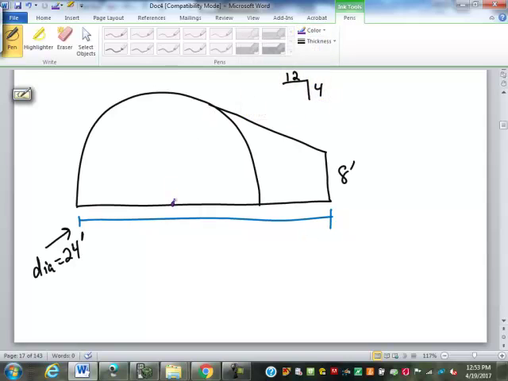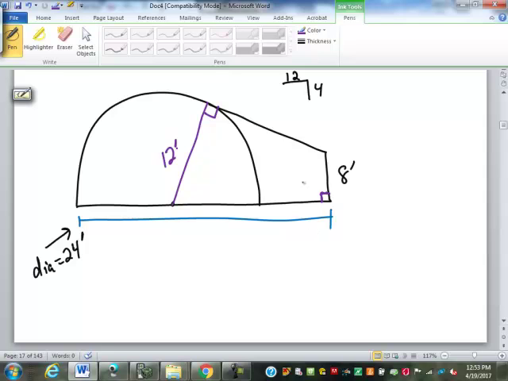So I can find a right angle here by drawing that radius to the tangent. And I know that that radius is 12 feet long, right? Half of my 24 diameter. I know this has to be a right angle.